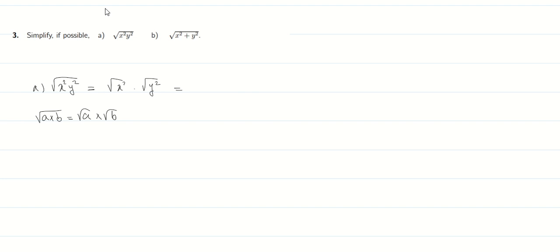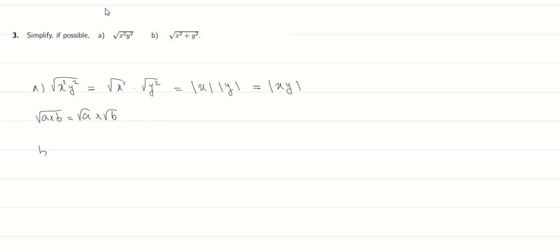And we know that the square root of x squared would be equal to the absolute value of x, and the square root of y squared would be equal to the absolute value of y. Since we don't know if y or x is positive or negative, we should leave it as it is. And we can write this as the absolute value of x times y.